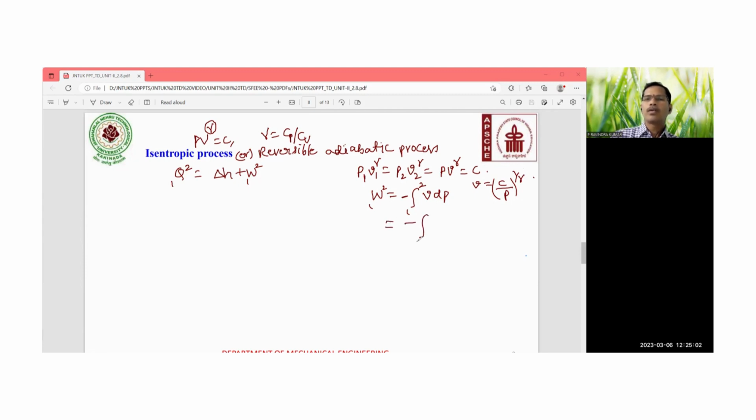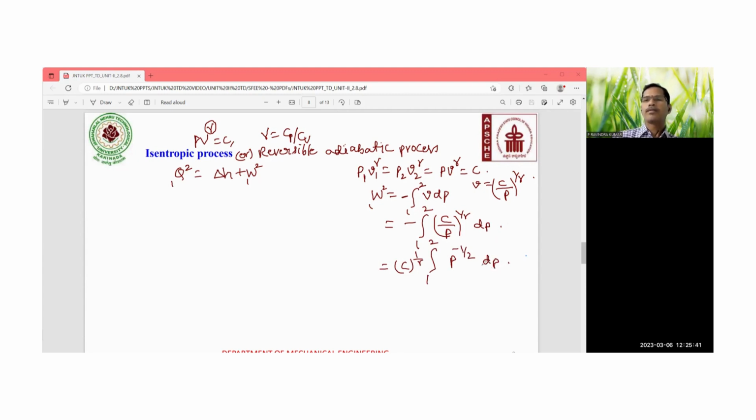So that is 1 to 2, specific volume is nothing but equal to C by P to the power of 1 by gamma into dP, right? Then keeping C to the power of 1 by gamma outside, integral 1 to 2, and this is P to the power of minus 1 by gamma dP.